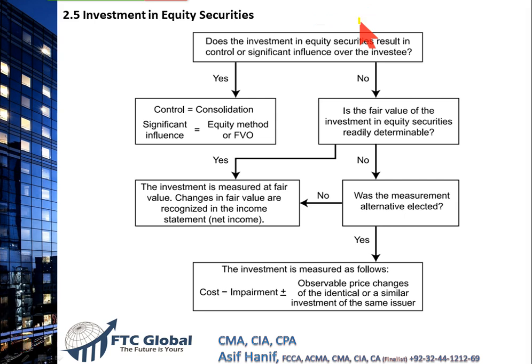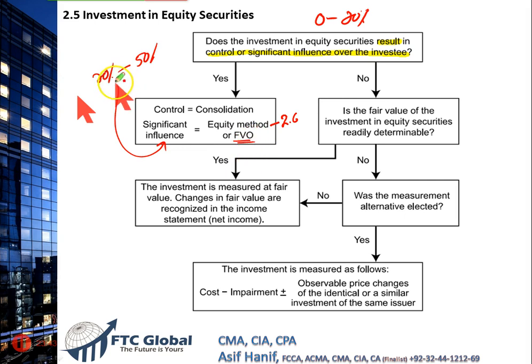Does the investment in equity securities result in control or significant influence? If yes, meaning your investment is greater than 20% and less than 50%, you exercise significant influence. In this case, you must apply the equity method that we discussed in 2.6, or apply the fair value option. I will tell you later in this lecture.